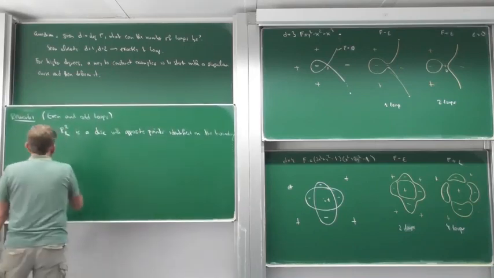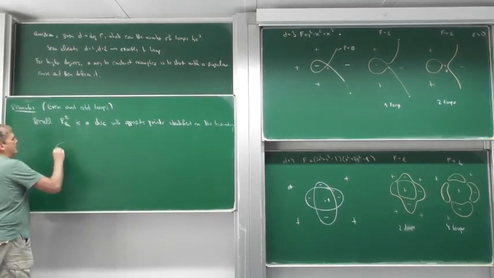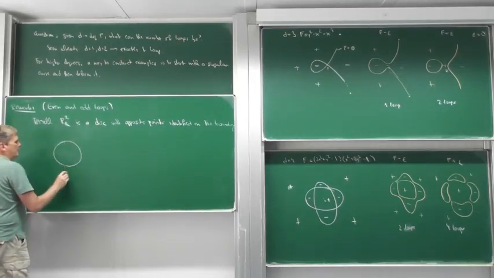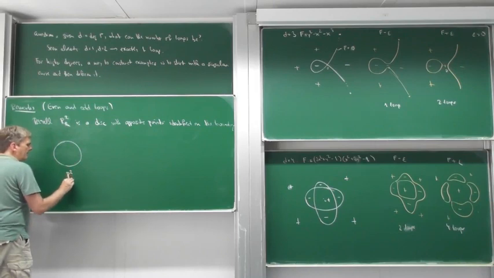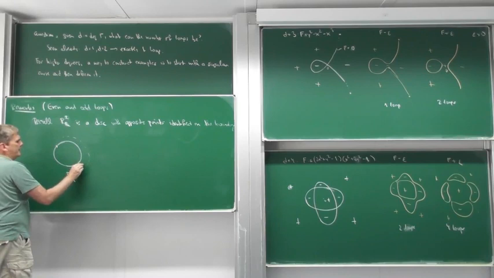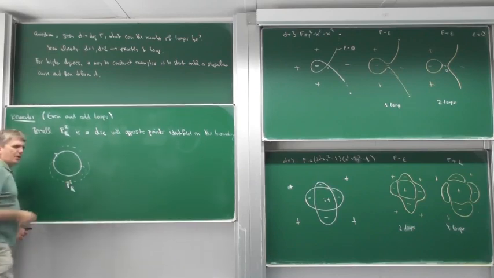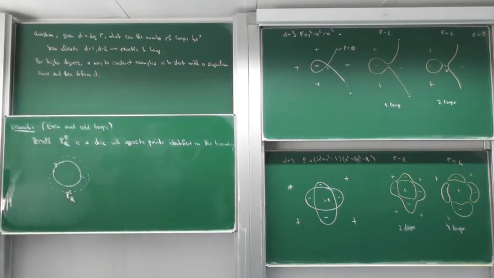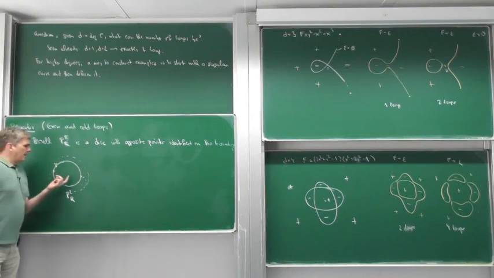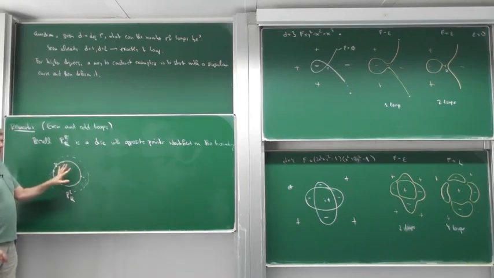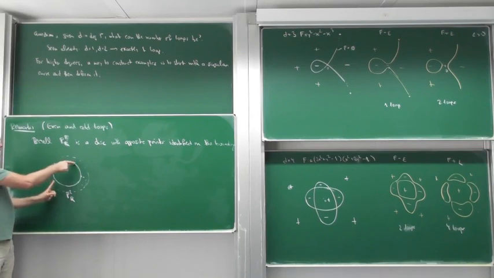If I try to draw a picture with the infinite points, then P2R looks like that, where this point and that point are identified, but also this point and that point are identified, and so on, which is hard to draw. It cannot be embedded in R3, let alone in R2, not on the board. So the best way at the moment is just to imagine a disk and we identify opposite points. That would be a picture of the real projective plane.